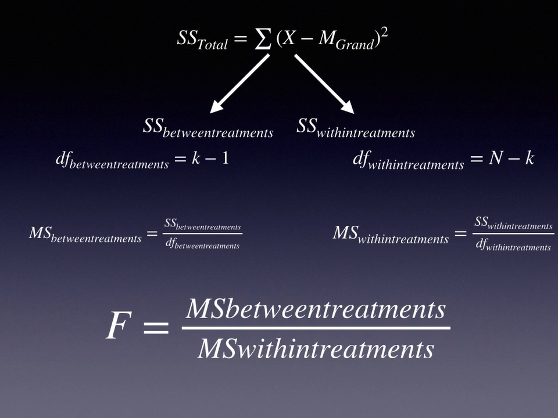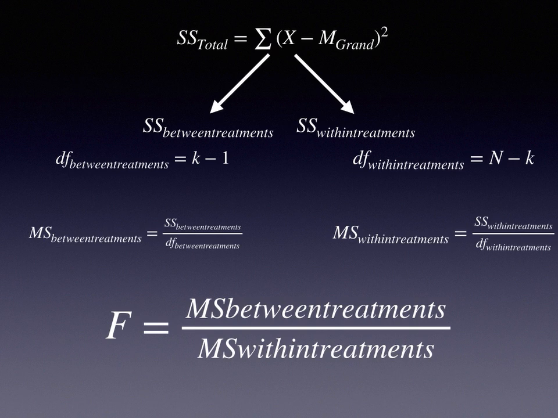F is the ratio of variability among your means to variability within your treatment groups. Now let's think about what it means. We've split total variability into variability between treatments, which is due to individual differences, chance, and maybe a treatment effect.